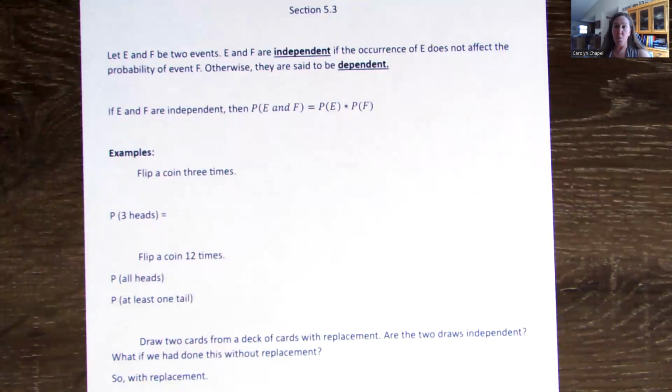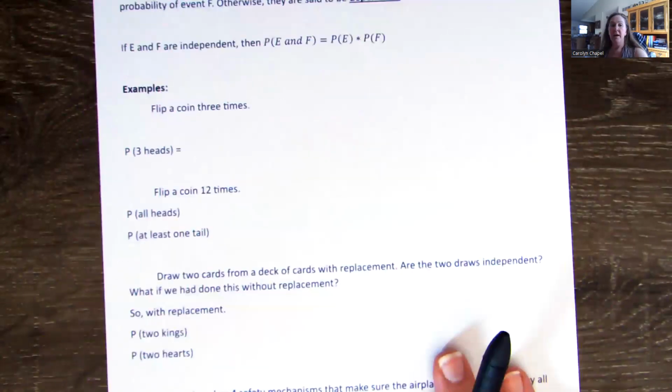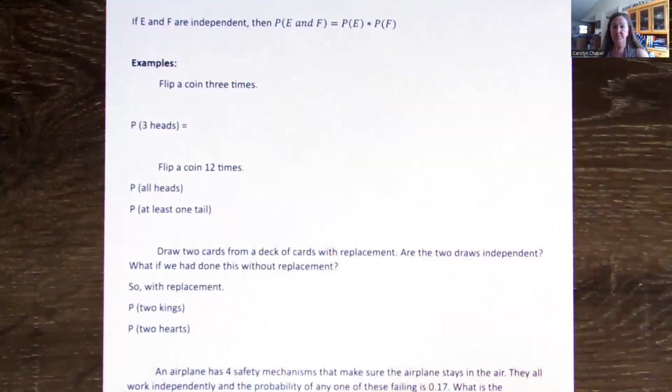Here we're going to be seeing more about thinking what happens when we go from one step to the next step. For example, if we flip a coin 3 times, what happens on that second flip and that third flip is not going to be affected by what happens in the previous flips. So those are going to be independent of each other.